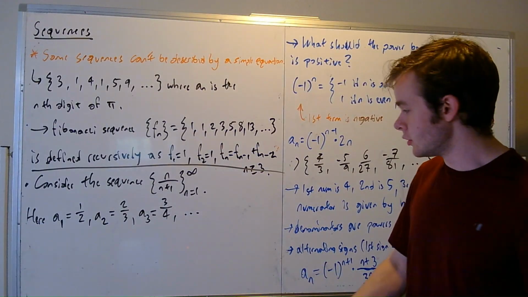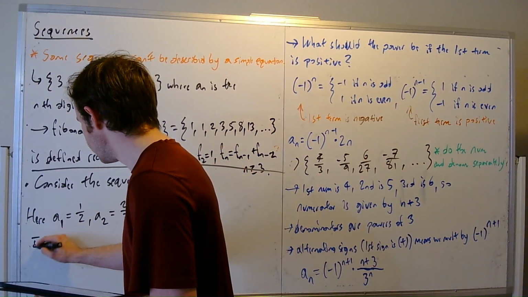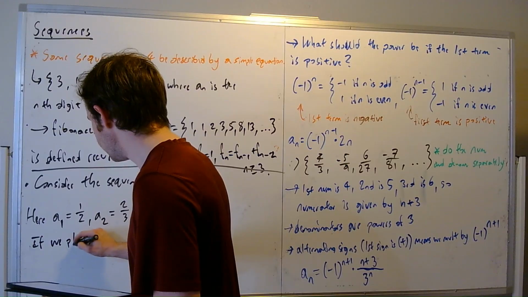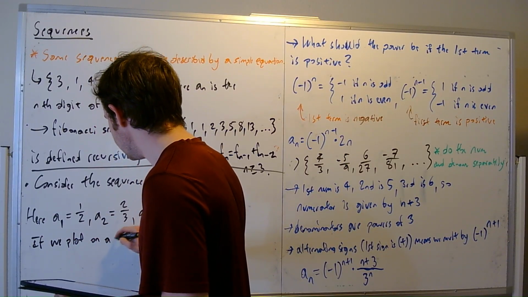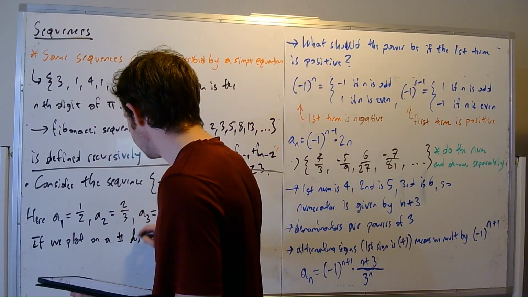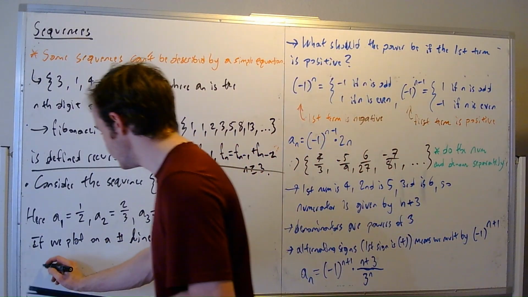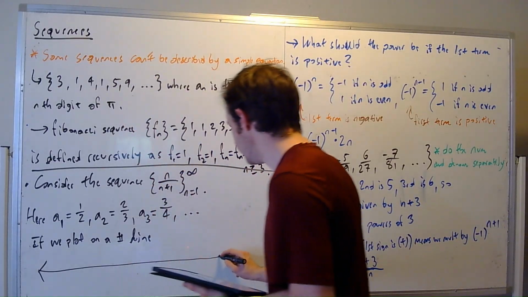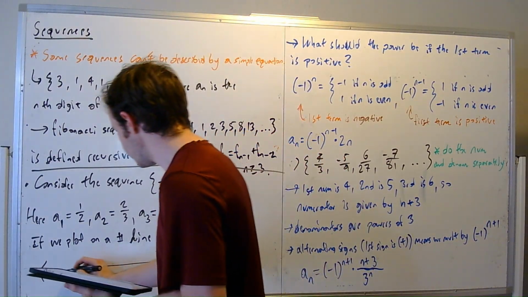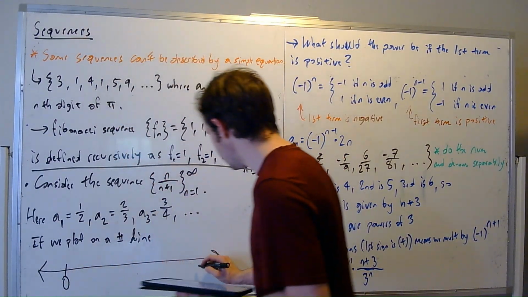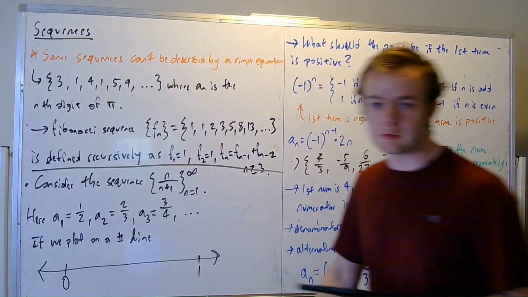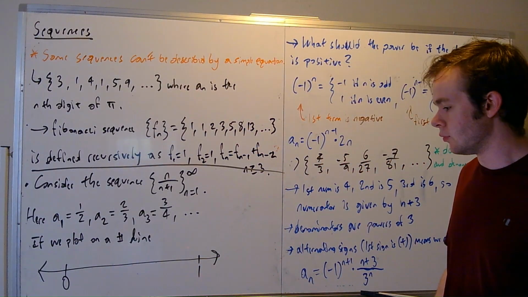So if we plot this on a number line, then let's see what happens. We've got our number line here, and let's say that this number here is 0, and this number here is 1. So we're just looking at the region between 0 and 1.